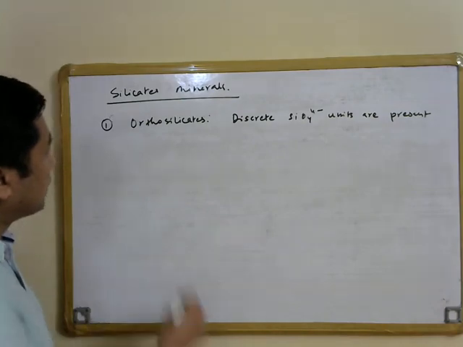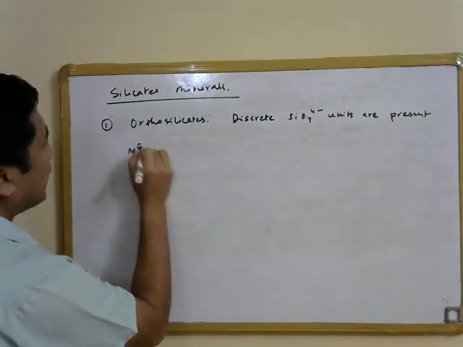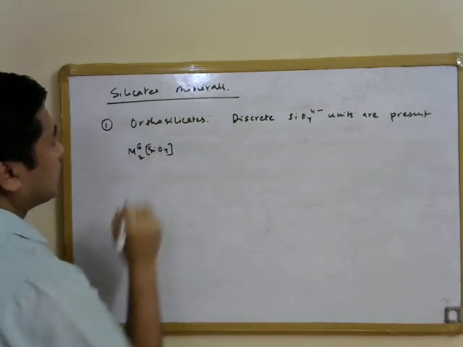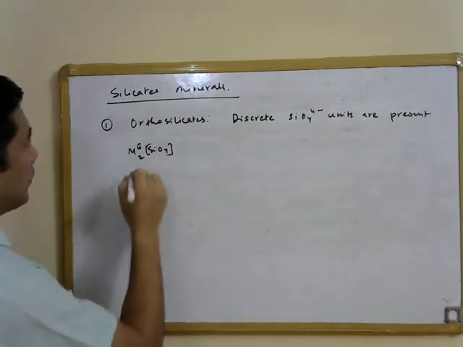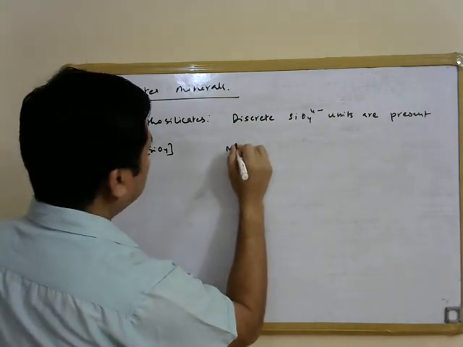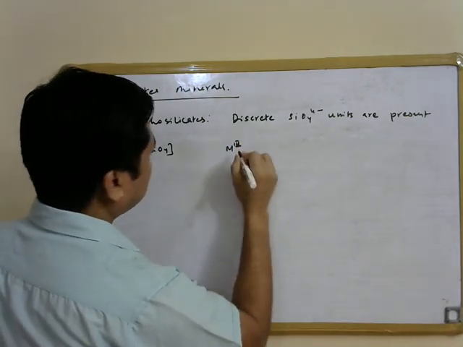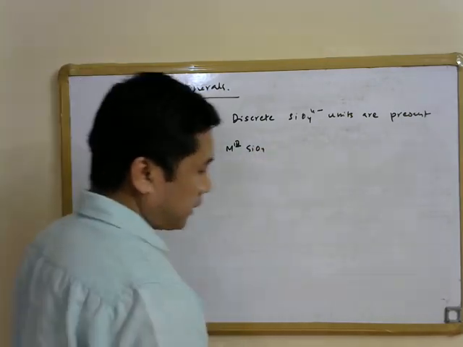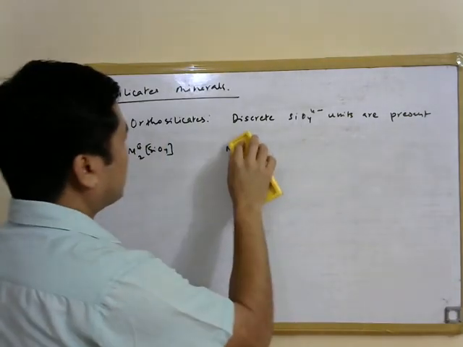Examples of orthosilicates: we can have divalent metal ions, as well as trivalent metal ions, and tetravalent metal ions.